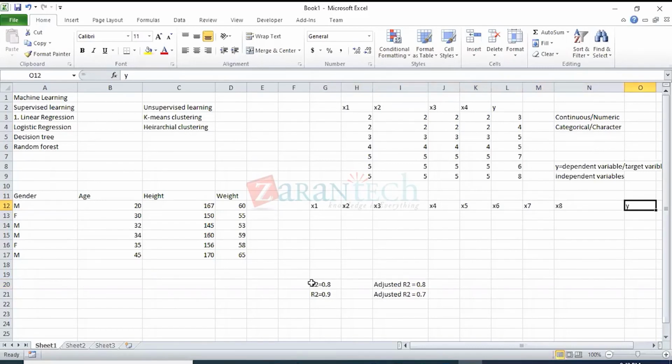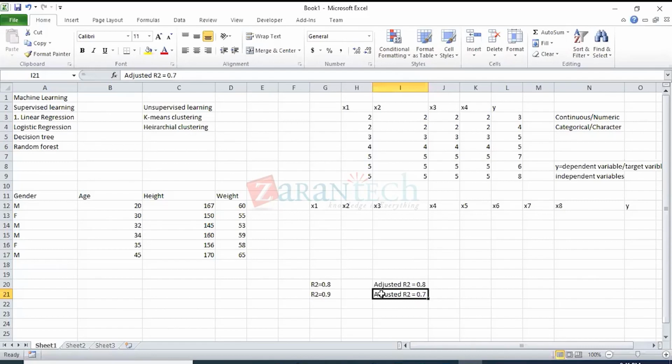Always use adjusted R square to measure the accuracy of your model. It's not completely different. It is derived in the same way as R square, but adjusted R square is just a slight modification of R square. Again, the math of it is slightly out of scope.